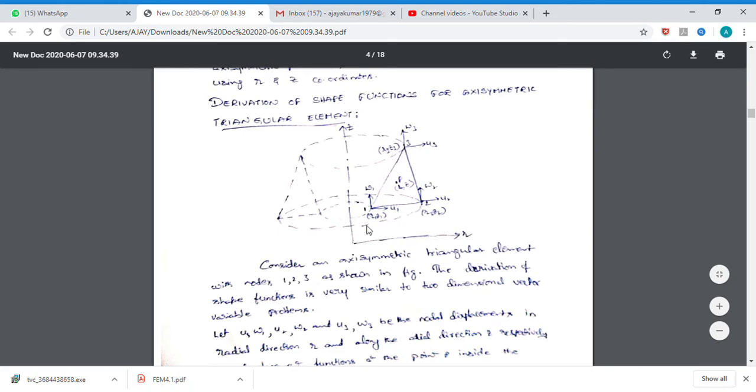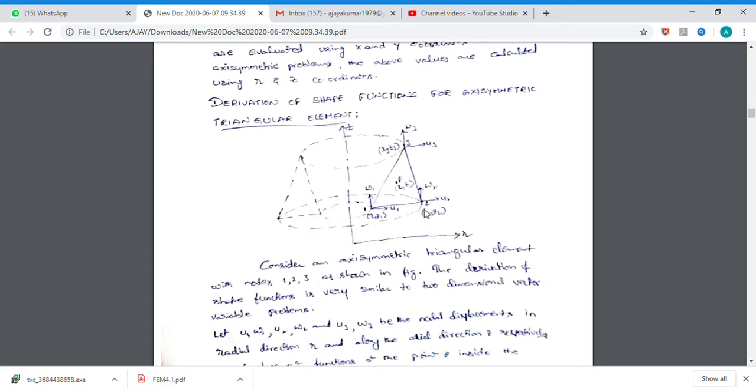With respect to these two axes, its coordinate points are r1 z1 at node 1, r2 z2 at node 2, r3 z3 at node 3, and its deformations in radial and axial directions are u1 in radial direction and w1 in axial direction, u2 and w2 in radial and axial directions respectively, and u3 and w3 are the deformations in radial and axial directions respectively.